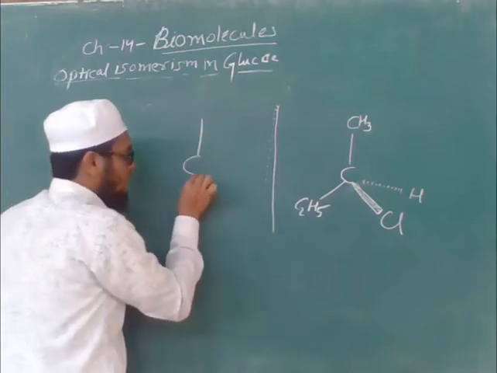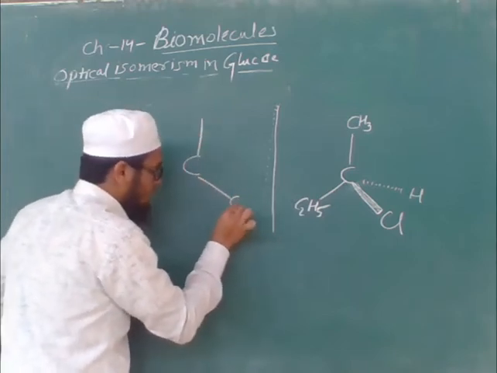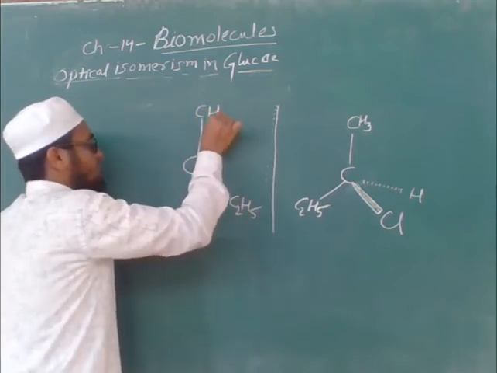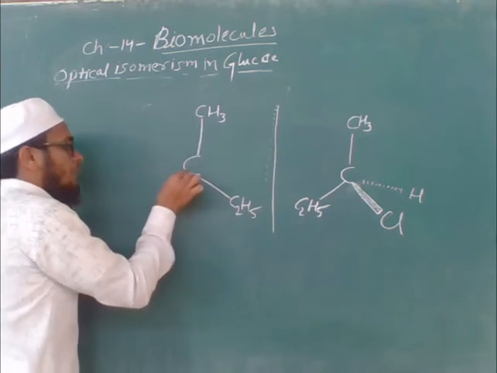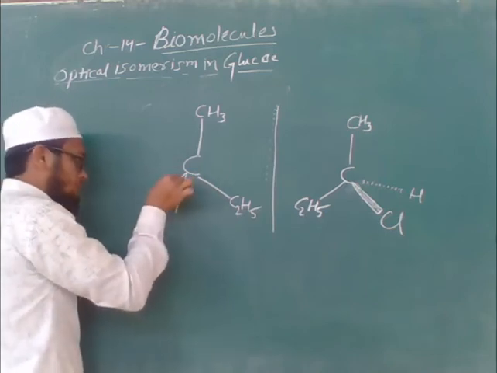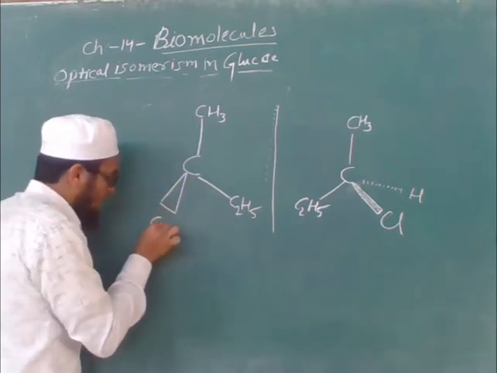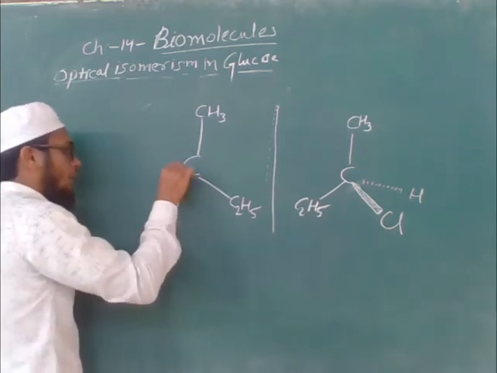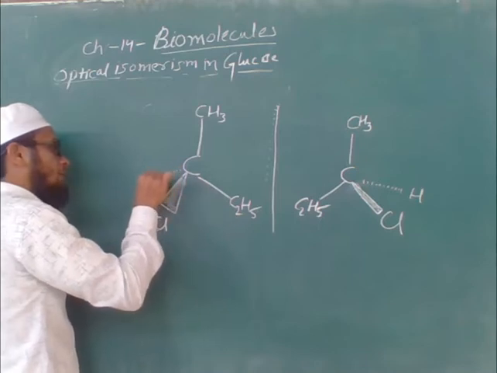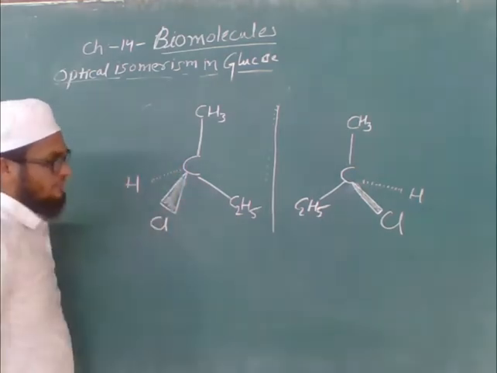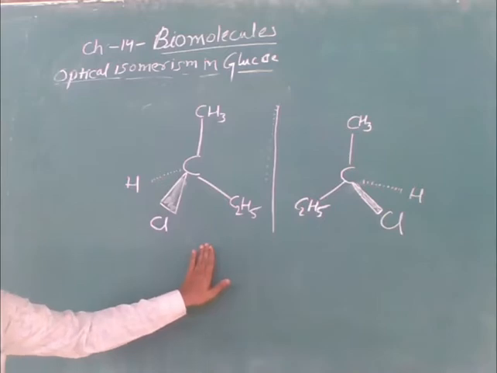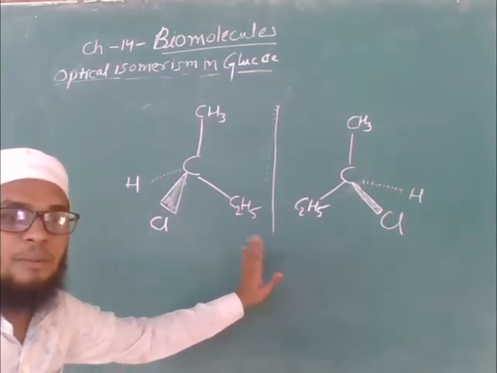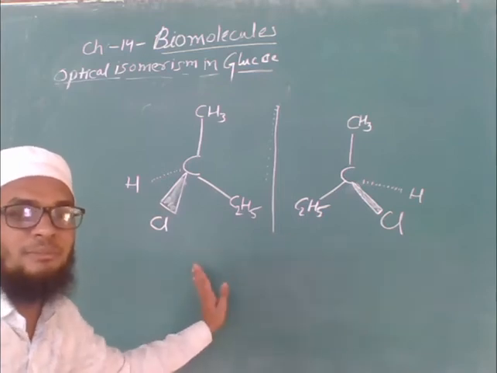This is methyl. This one is our ethyl, C2H5, CH3. Okay. This one is our chlorine. Okay. And this one is our hydrogen. So these are the mirror images of two compounds. One compound is having its mirror image here.